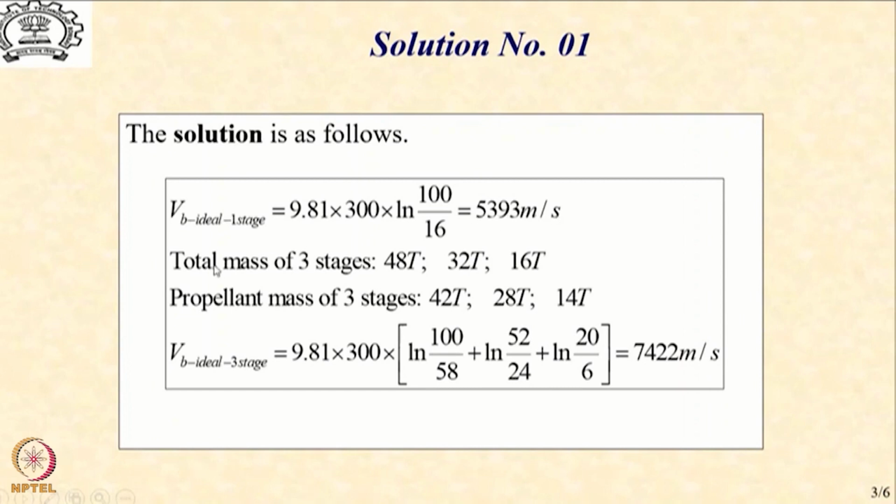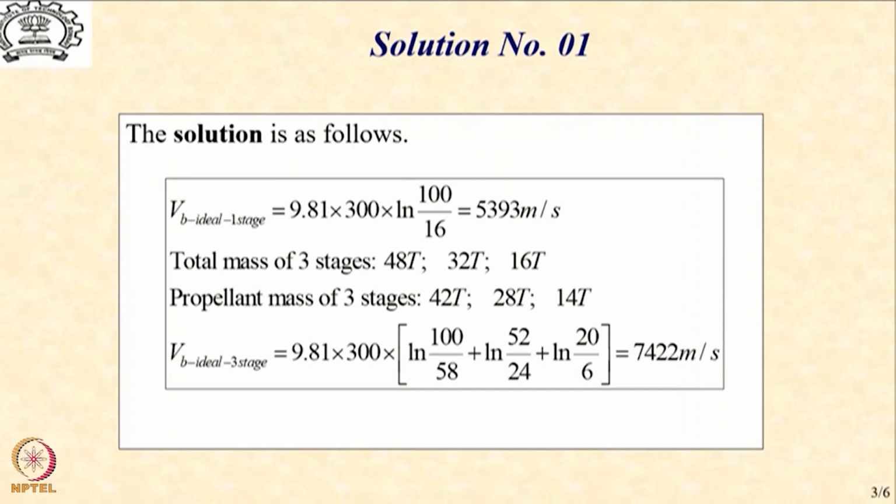Let us now move over to the 3-stage operation. It has been mentioned that the 3-stage operation is to be conducted with a configuration in which the stage masses are in the ratio of 3 to 1, excluding the payload mass. So let us first remove the payload mass from the total mass, and what we are left with is 96 tons that is to be distributed between the 3 stages in the ratio of 3 to 1.